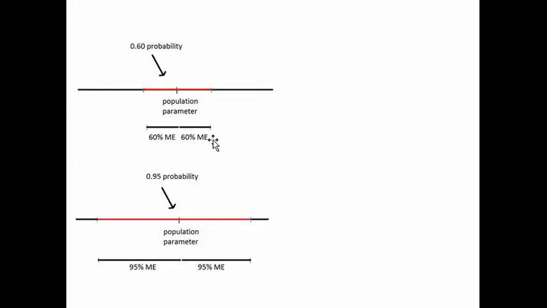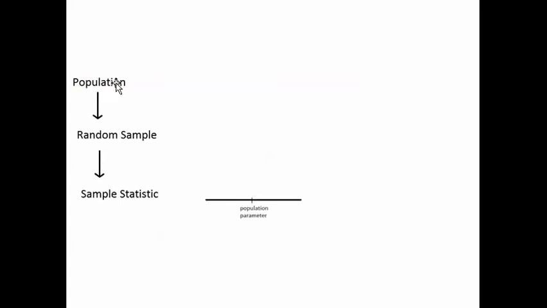Let's now look at a couple other diagrams so we get an idea of how the margin of error is connected with the idea of a sampling distribution, which is something we've been talking about lately. So if we have a population and we take a random sample from the population and we calculate a sample statistic, there's more than one possible sample that could be selected from the population.